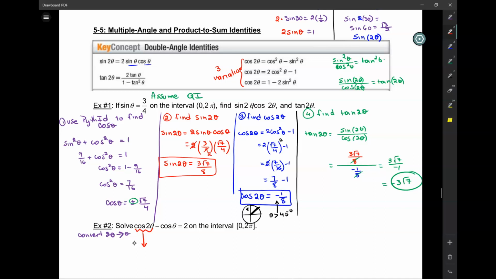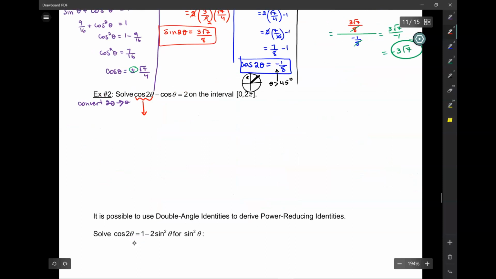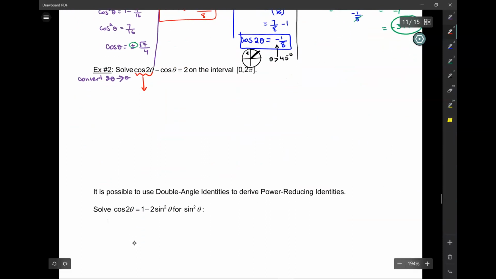The rest of this equation is in cosine. So I don't want to use the first one because I don't want to mix signs with it. And I don't want to use that one because I don't want to mix signs with it either. So I use the second one because then it'll all be homogeneous. You can't have a double and a single, so I have to convert 2 theta to theta. So this is going to be 2 cosine squared theta minus 1, and the rest of the equation stays as is.